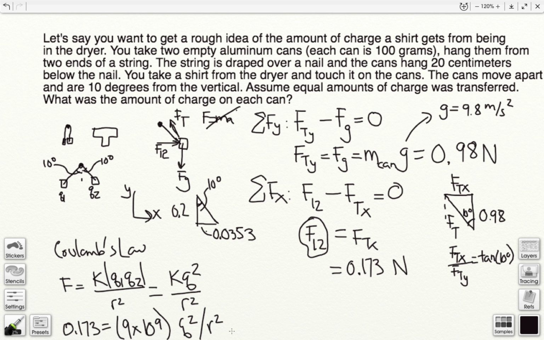Then my R will be double that because it's this entire distance, so my R will be 0.0705 meters. So then I'll get my Q. My final answer, the charge on each can, is 3.1 times 10 to the negative 7th coulombs.